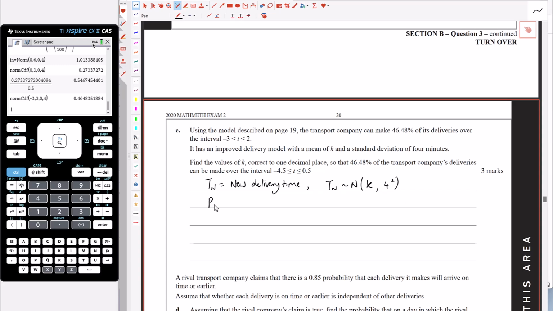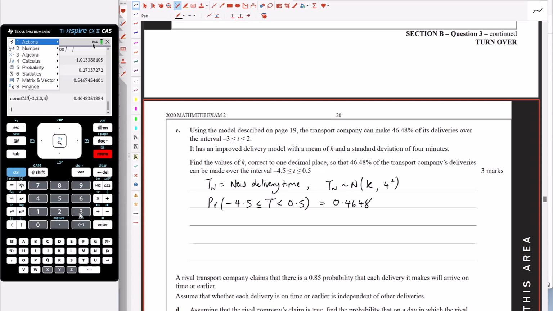Okay, we want the probability of the variable t being between negative 4.5 and 0.5 to be 0.4648.